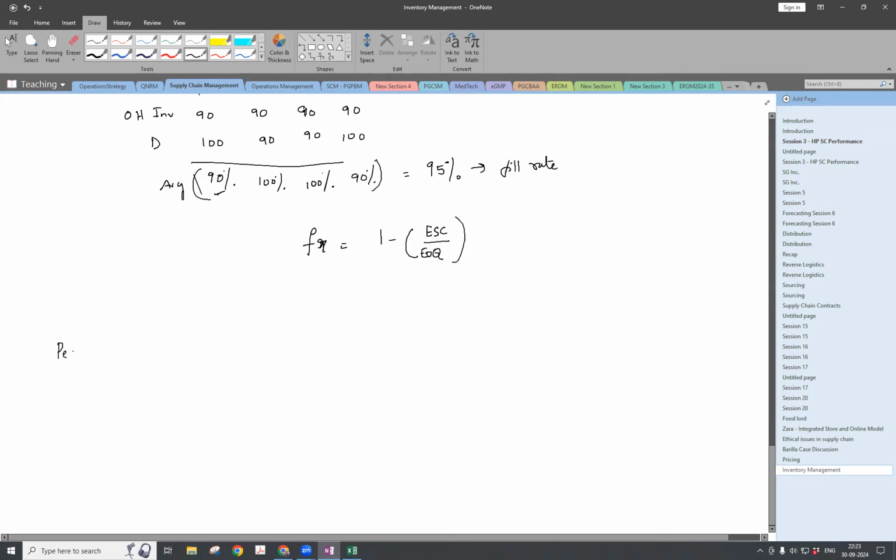Periodic review, we are not going to go into the detail of how we get the entire formula over here, but just for your understanding, for periodic review, we make the assumption that demand is following a normal distribution.